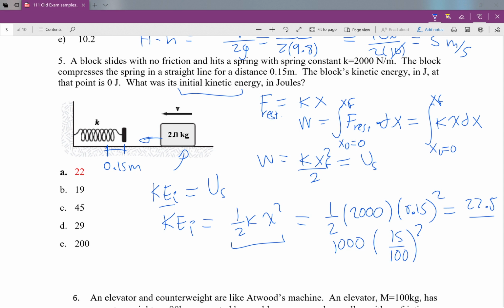Well, 15 squared is 225. So that's going to be 1,000 times 225 divided by 100 times 100, which is basically 1 followed by 4 zeros, 10,000. 3 zeros go out, and we're left with 225 divided by 10, which is 22.5, which is pretty close to A.